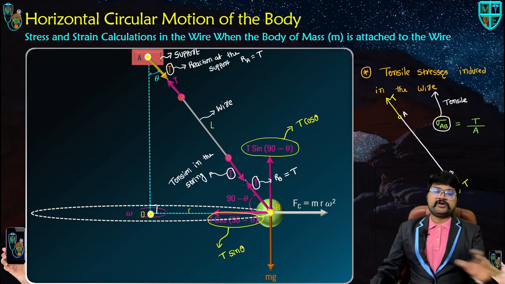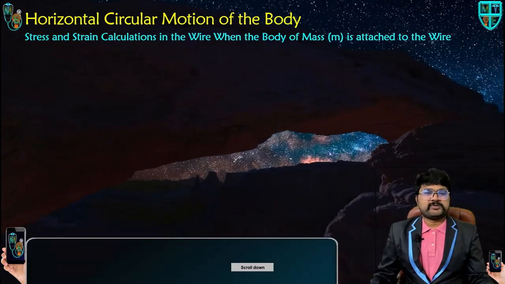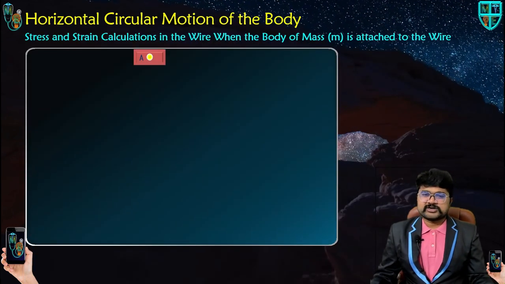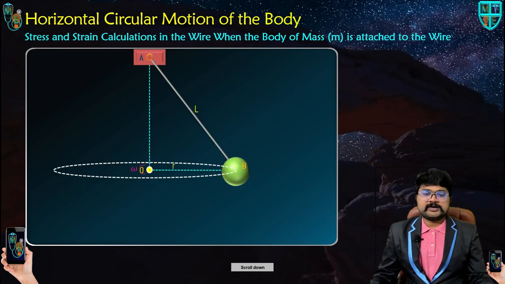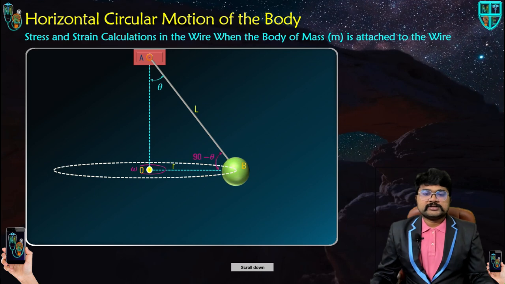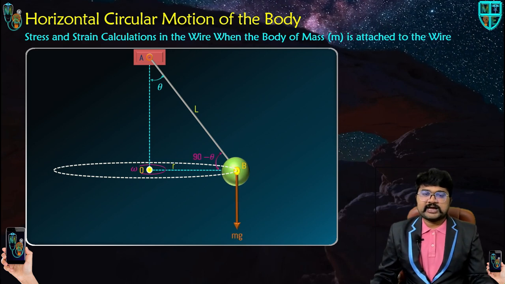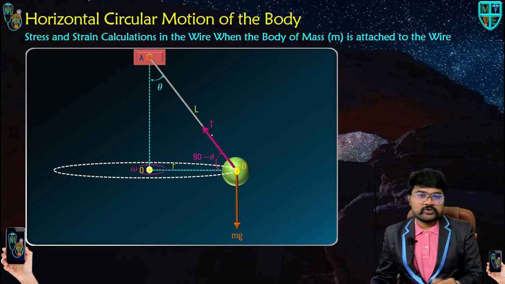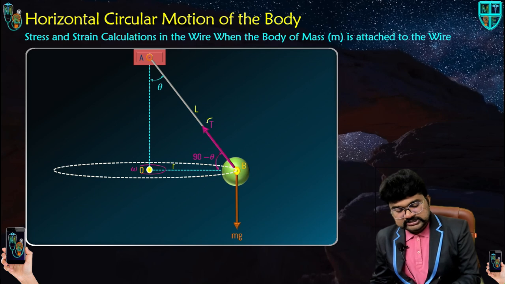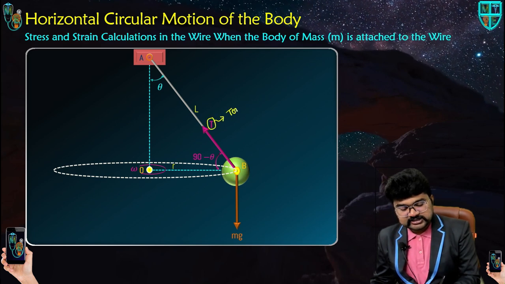So this is the way to draw the free body diagram. In textbooks, generally people will draw like this, focusing on the free body diagram for the body only. First, the weight of the body always acts vertically downward. The force which is acting away from the node is assumed to be positive. This is the tension in the string.